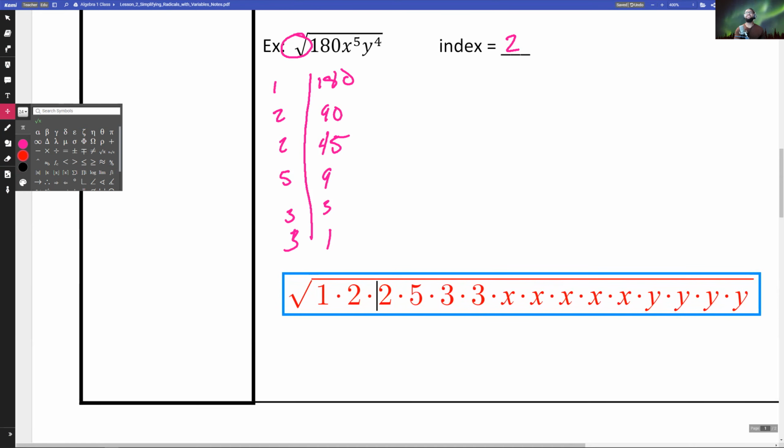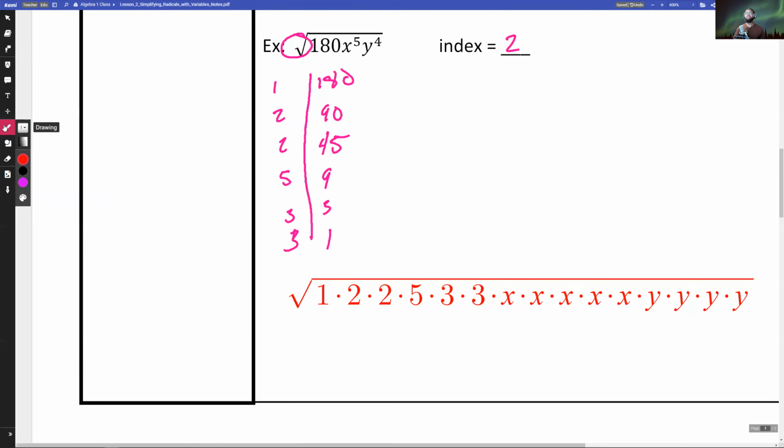All right, so even though I did just type that out, I'm always going to go through and check to make sure I got everything. I have 1, 1, 2 2s, a 5, 3, a 3. Then I'm going to count my X's and Y's. 1, 2, 3, 4, 5. Yep. 1, 2, 3, 4. Yep. And now I'm going to start circling my pairs.